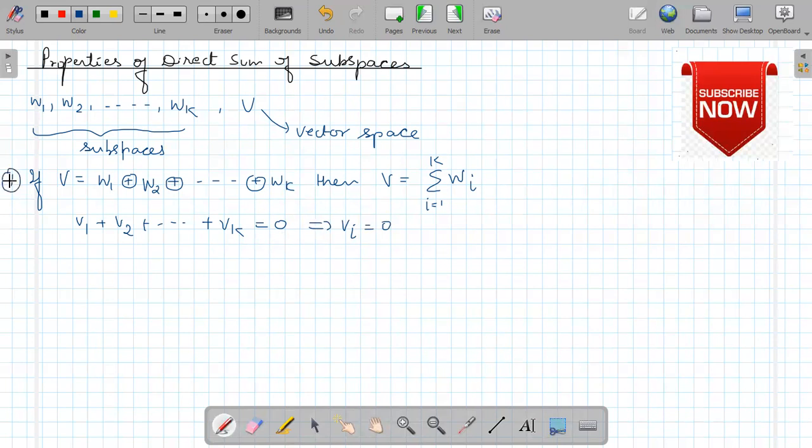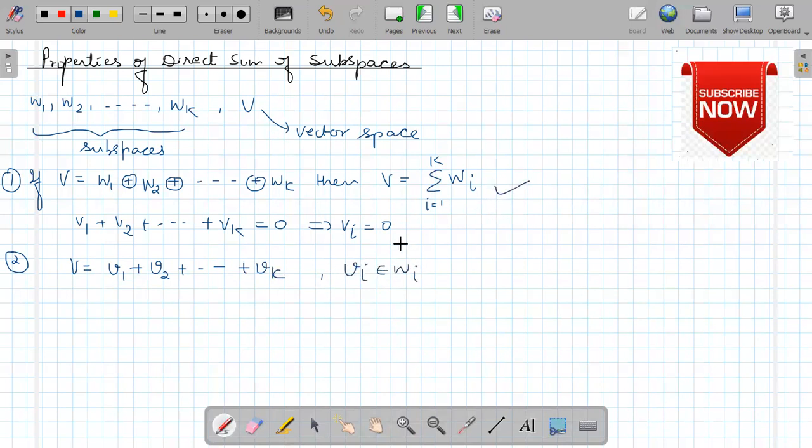And the second property was that if V is equal to the sum of the subspaces and this condition holds, then every vector can be uniquely written as a sum of the vectors v1, v2, up to vk, where vi is taken from Wi.